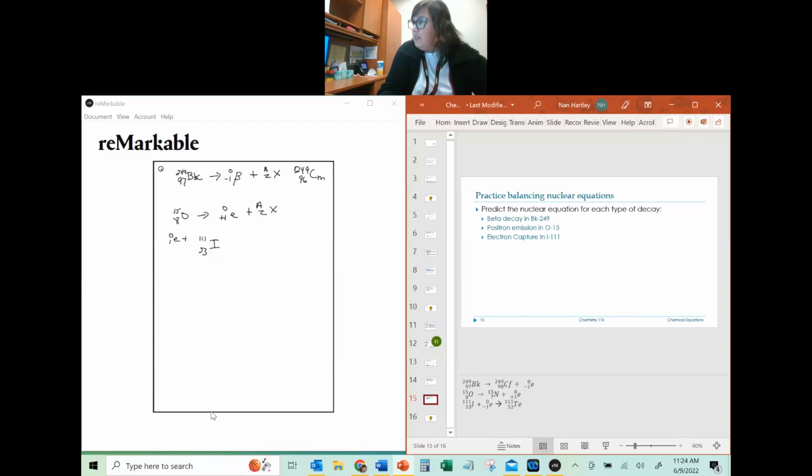I think there's a typo on that slide. I think it should be a negative on the E. So the beta particle, I think, should be negative. 0, negative 1E. Because that would then make this 97 plus 1, which is 98.